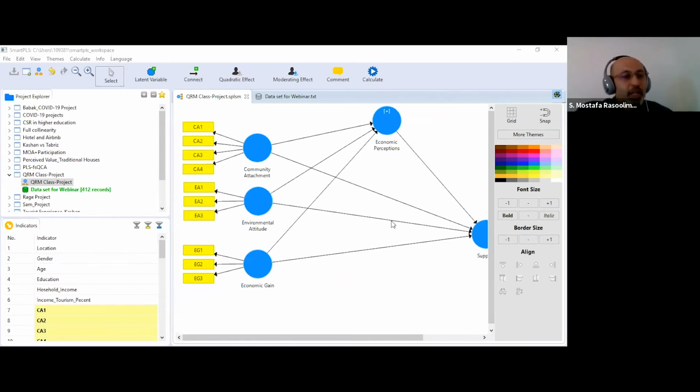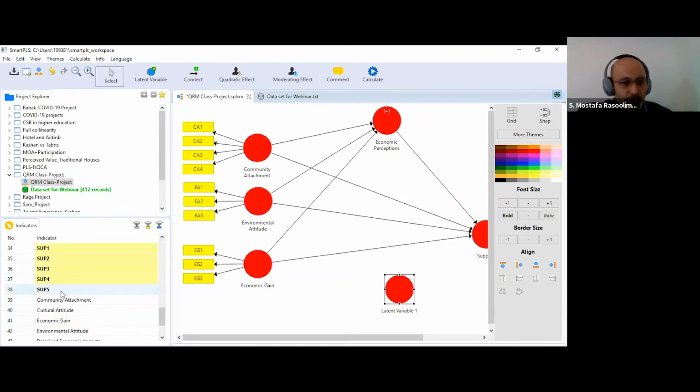To test this moderation hypothesis, we have to create interaction effect. But in software, before creating interaction effect, we have to create the moderator variable. So here we need to create a new variable, involvement.